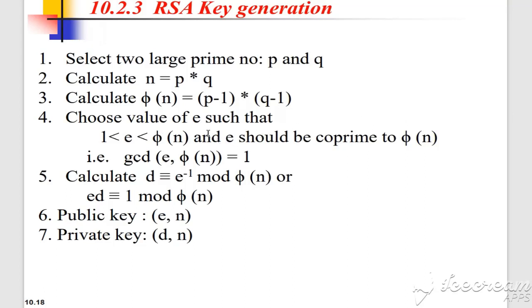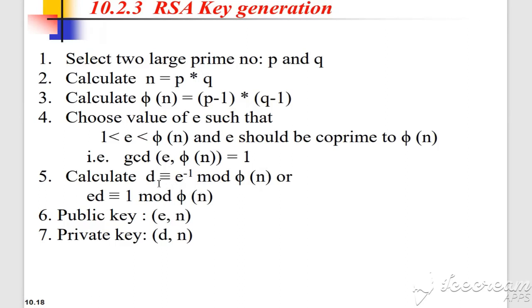That means there should not be any common factor between E and phi n. In other words, you can say the GCD of E and phi n is 1. For calculating the private key, D is congruent to E to the power minus 1 mod phi n, or we can say ED is congruent to 1 mod phi n.